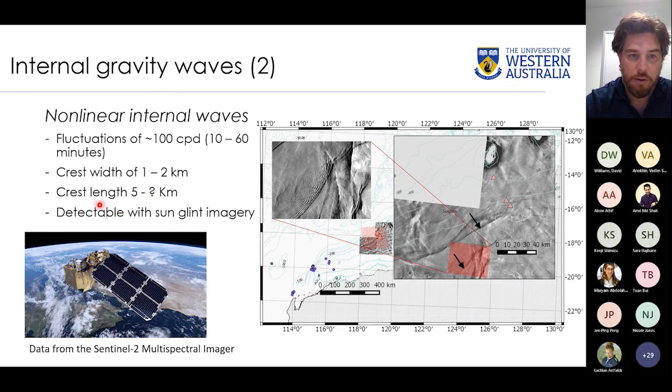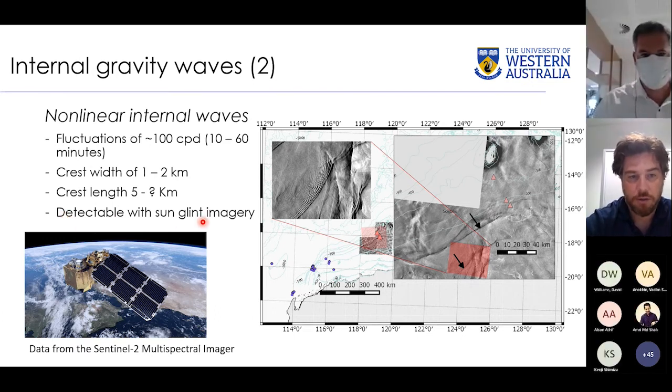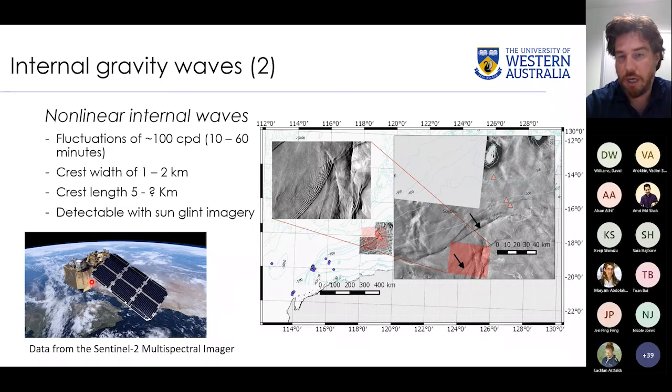And these waves, we know that they're from moorings, but they're also detectable using sunglint imagery like I showed earlier and like is shown on the right here. So this is grayscale imagery from one of the bands from the Sentinel-2 satellite. And so what you see are these long crests, and this is changes in sunglint that you're seeing here.